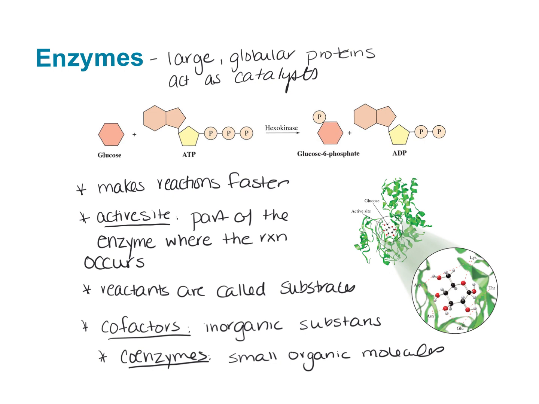When we look at this, for example, glucose is going to react with the molecule ATP. ATP is an energy molecule. And when that happens, this reaction is really mediated by the enzyme hexokinase. When we look at the enzyme shown here, it's really large.